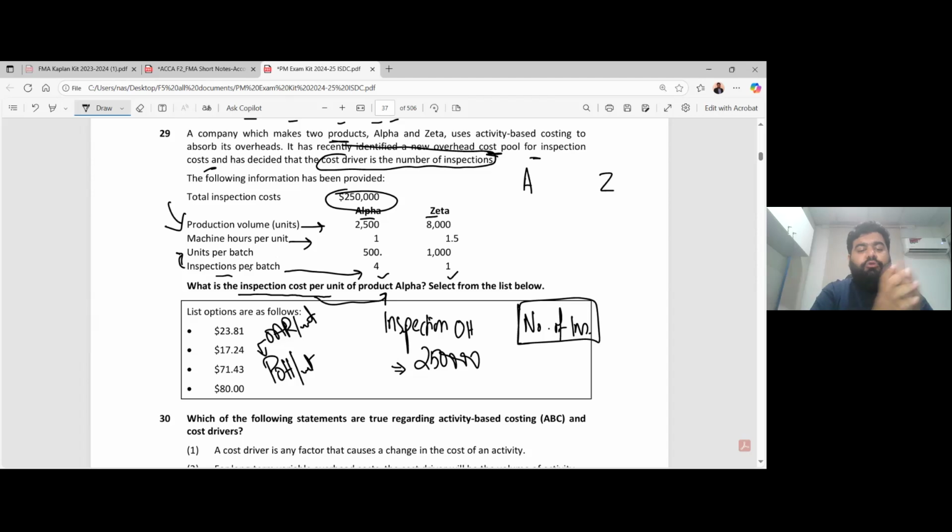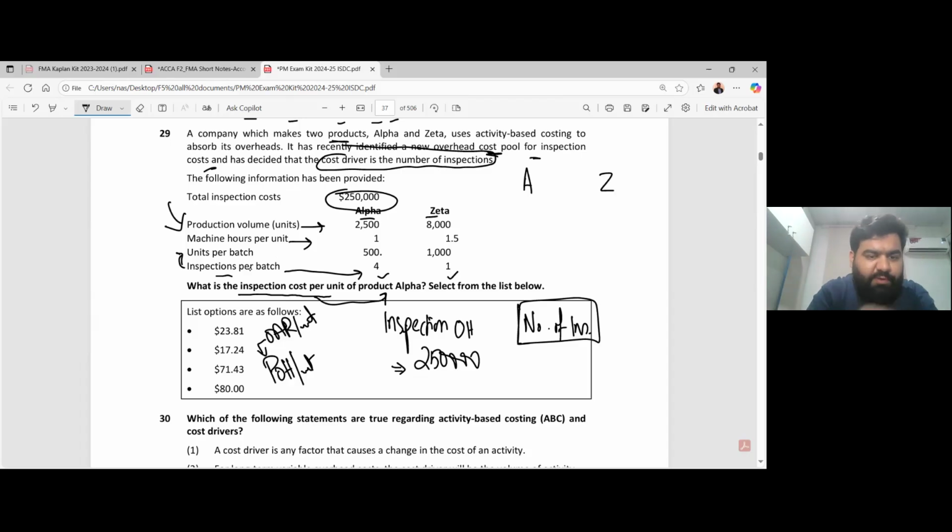Students think that units per batch is basically the number of batches. No. Units per batch means that one batch has how many units. For alpha, 1 batch has 500 units, and for zeta, 1 batch has 1000 units. It is not the number of batches.